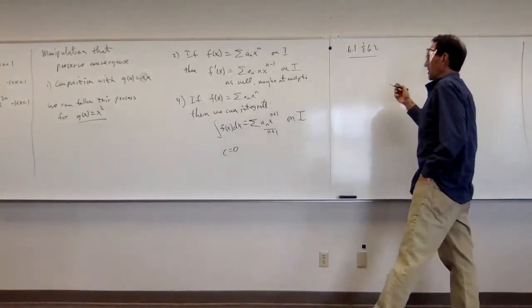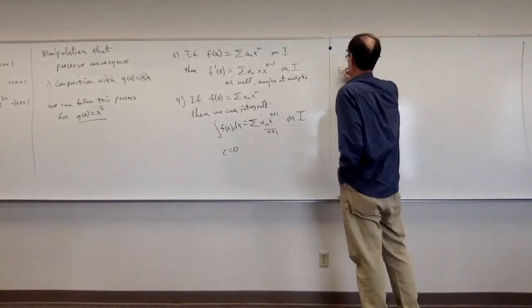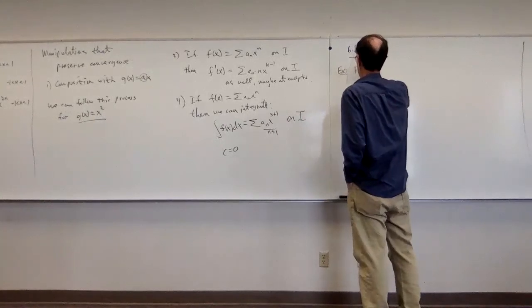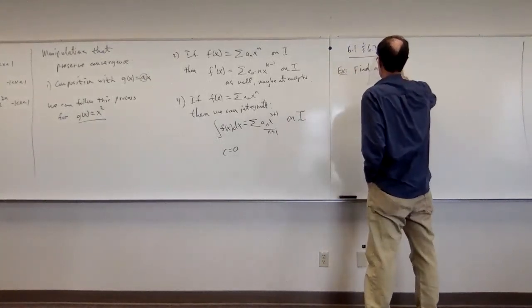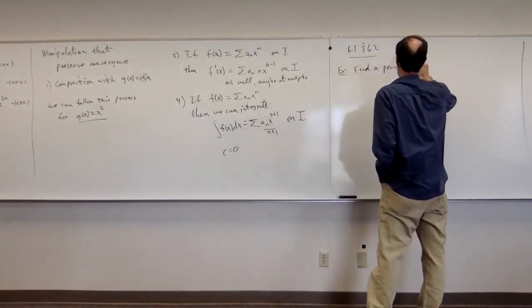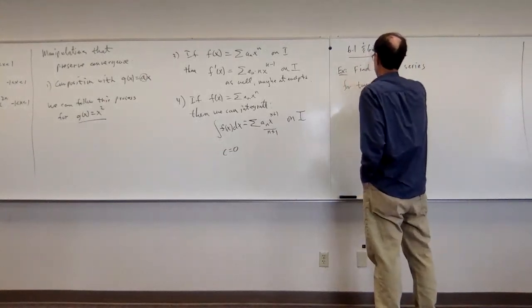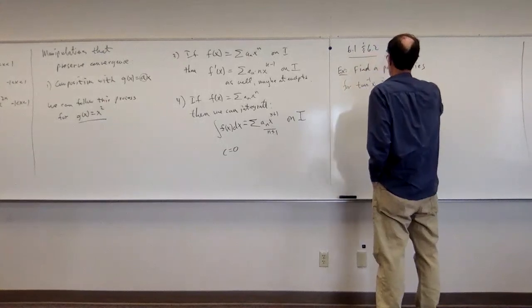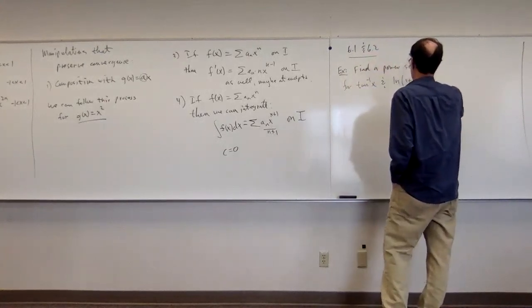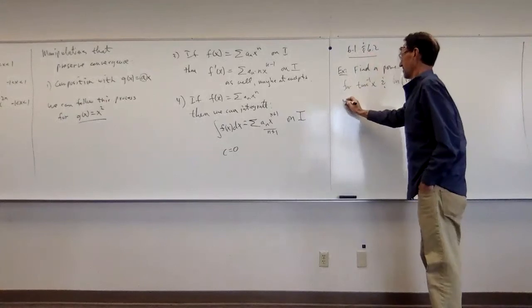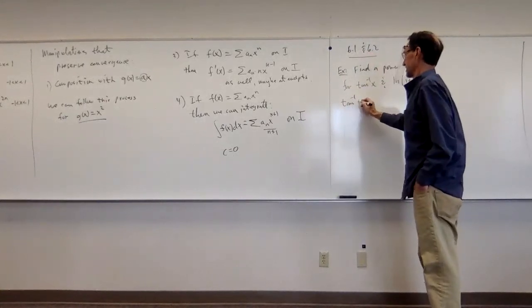All right, I have 2 more examples, and then we'll be about out of time. Find a power series for the inverse tangent of x, and for ln of 1 plus x. We'll start with the inverse tangent of x.